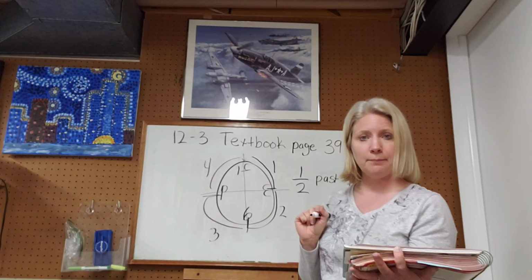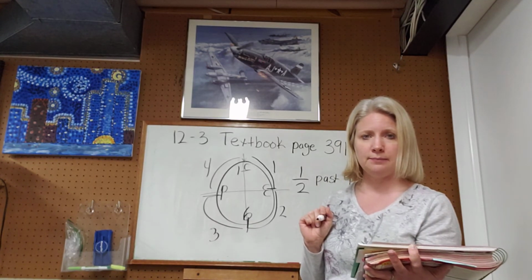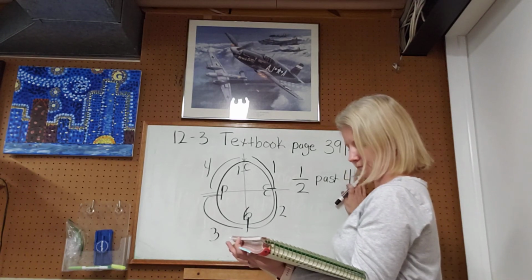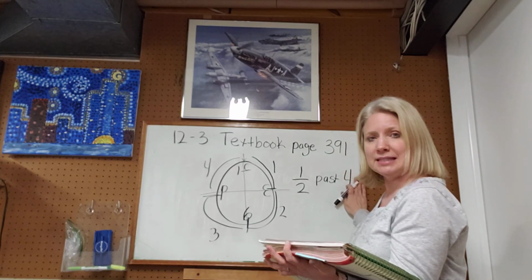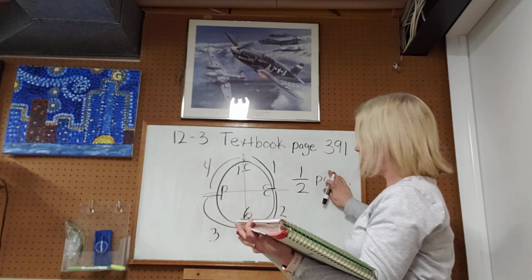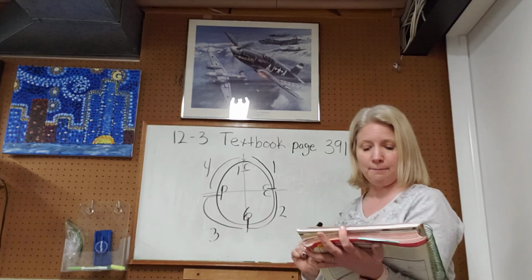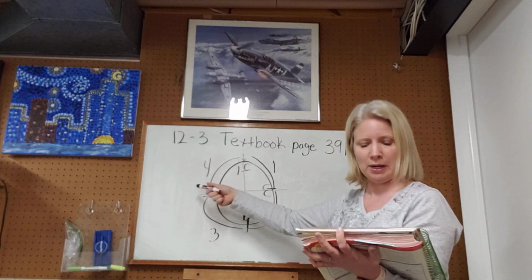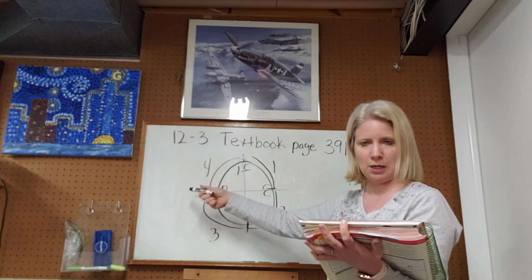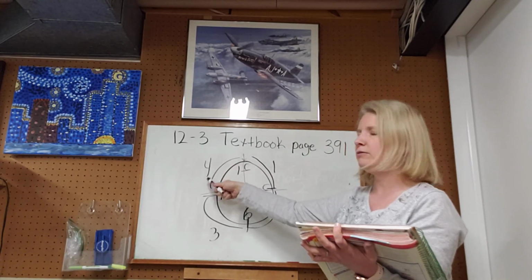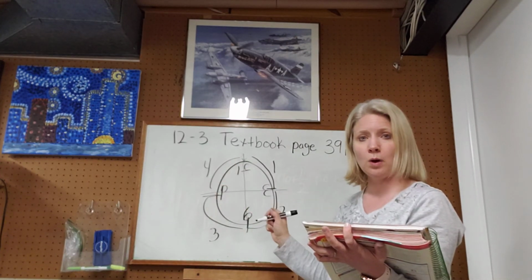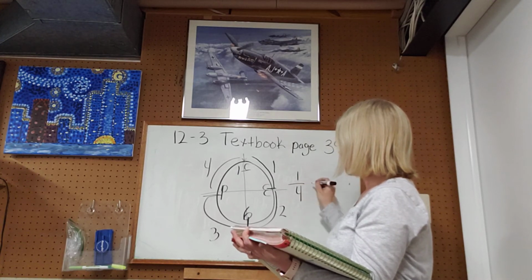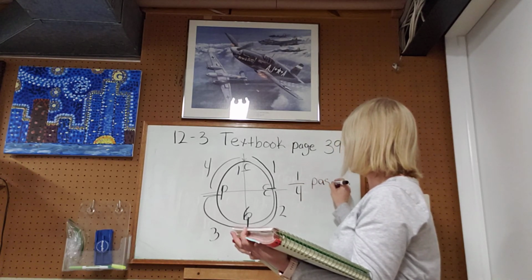Try number 16. Pause the video and try 16. Okay, number 16. Your minute hand, the big hand, is pointing to the 3, almost to the 3. So that's only one of our quarters. So that would be 1/4, and it's past the hour.